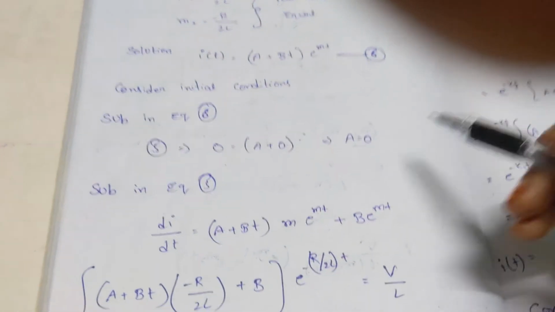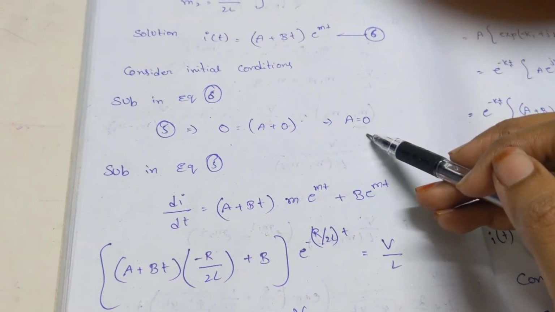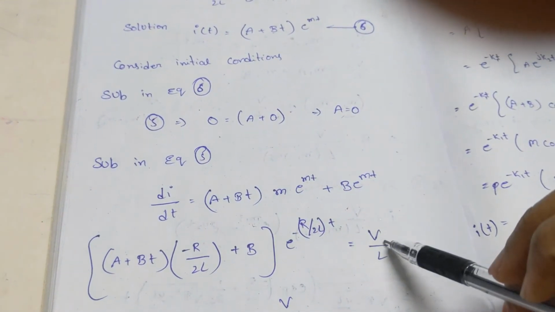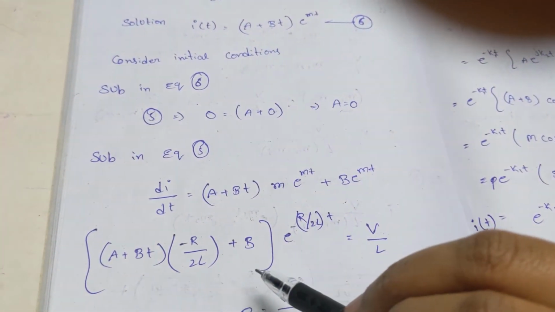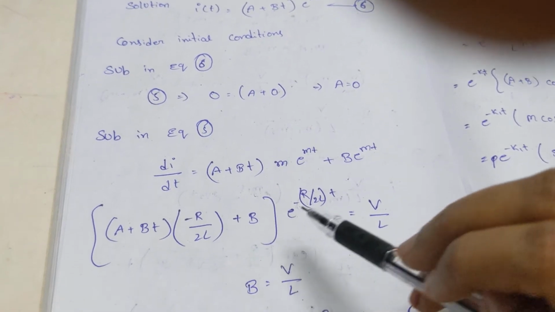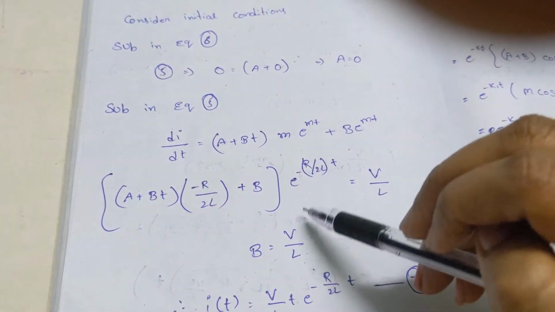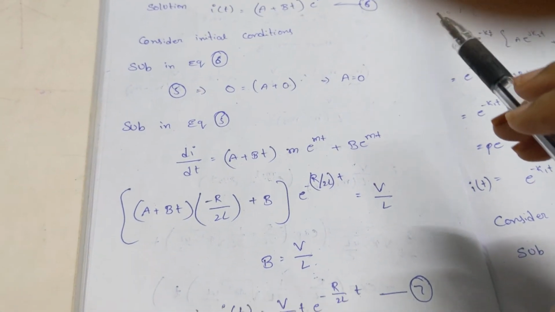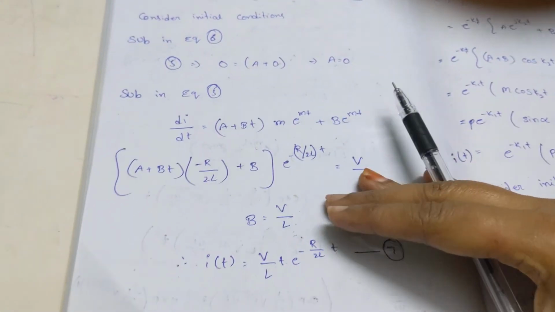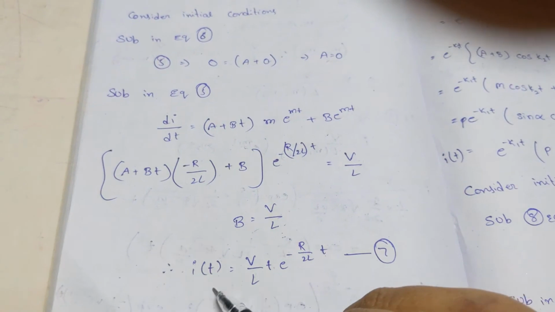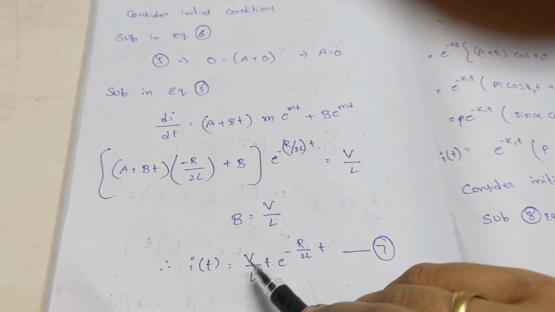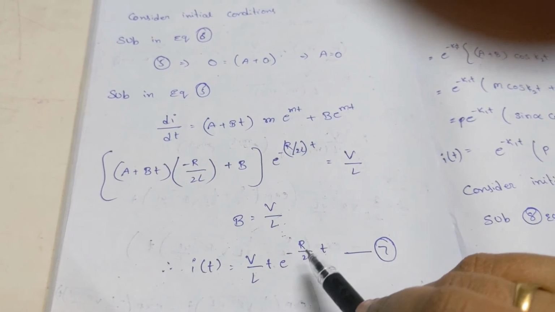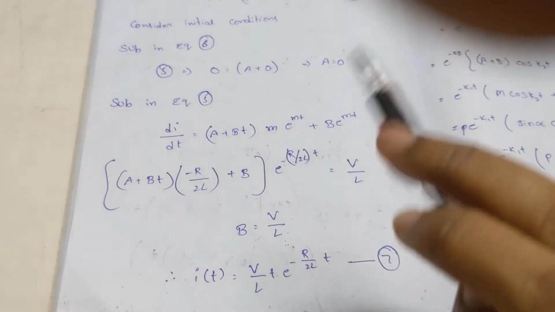Now we replace our values, a equals 0, and di by dt is nothing but V by L. So I can find that b is nothing but V divided by L. So the current response is V divided by L into t e^(-R/2L t).